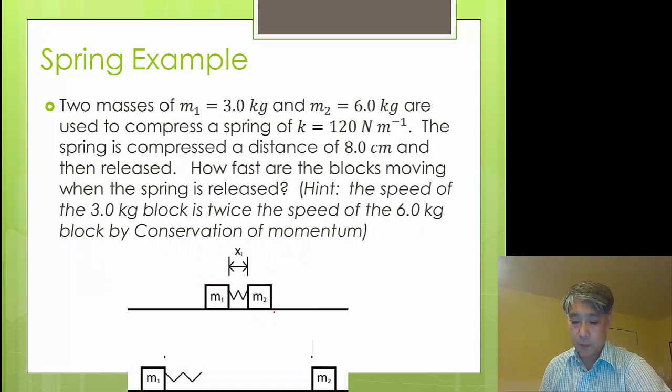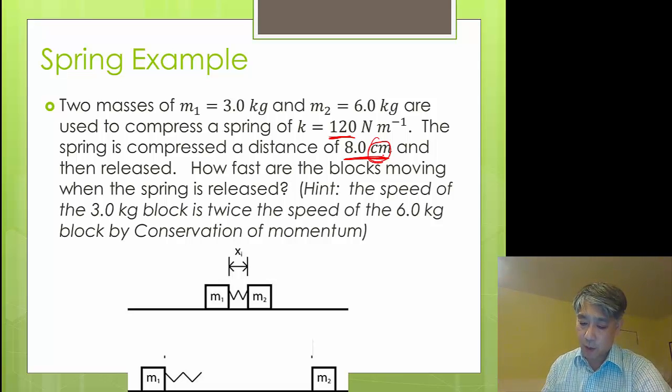For example, here I have two masses, m1 and m2, and they're used to compress a spring with a spring constant of 120 newtons per meter. I compressed this spring a distance of 8 centimeters, so there's the centimeters you need to watch out for, and then released. The question becomes, how fast are the blocks moving when the spring is released?